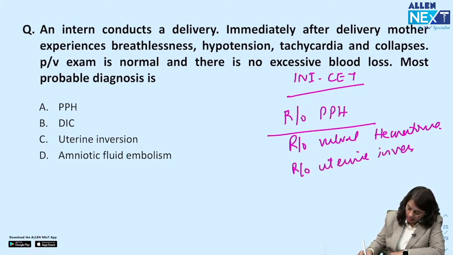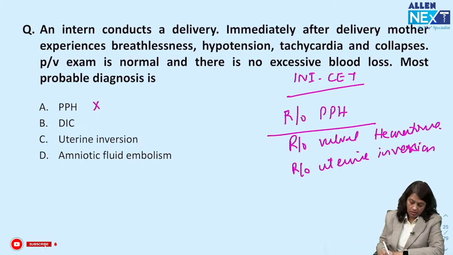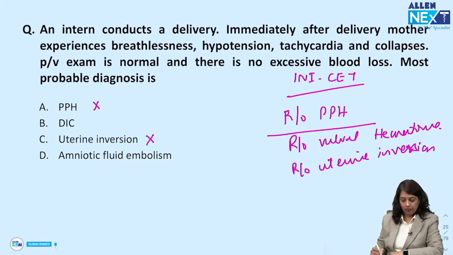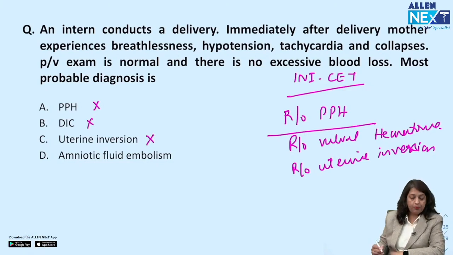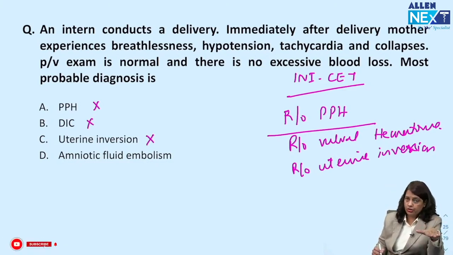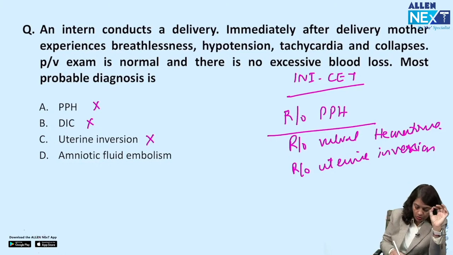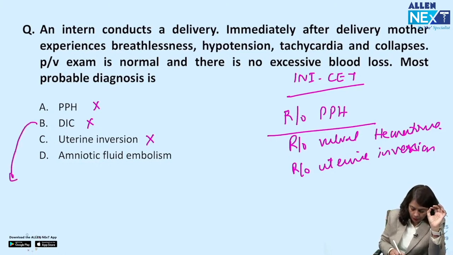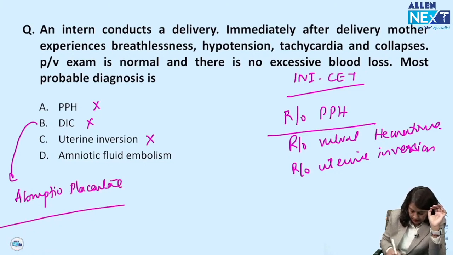When the per abdomen examination is normal, they have already ruled out uterine inversion. So it is not PPH, it is not uterine inversion, and usually DIC does not present like this, and there is no history in the question that it was a case of abruptio, because the most common cause for DIC in obstetrics is abruptio placentae.